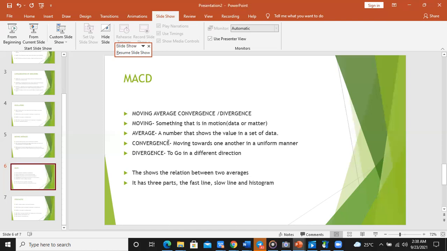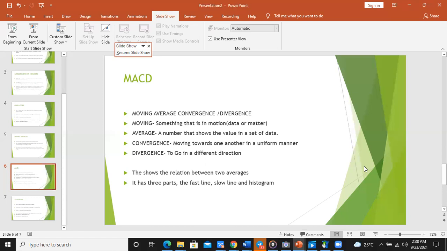So if you are a Christian, Adam and Eve converge to give birth to Abel. So I hope you understand convergence.